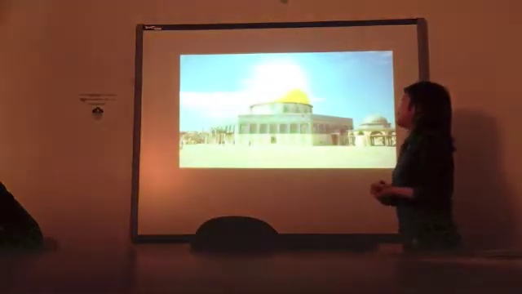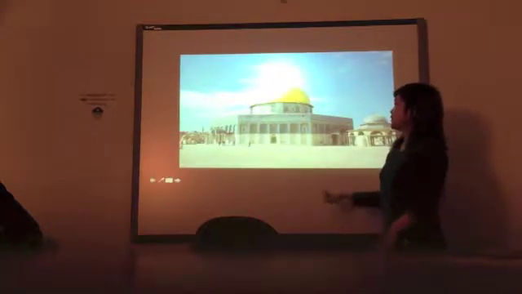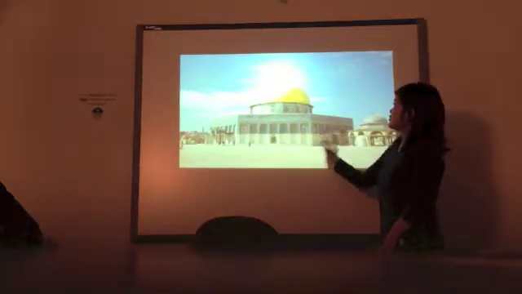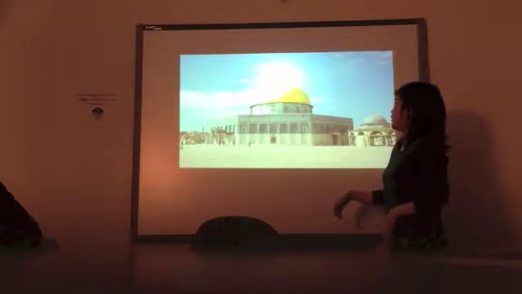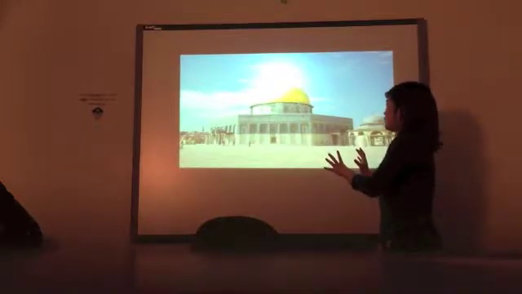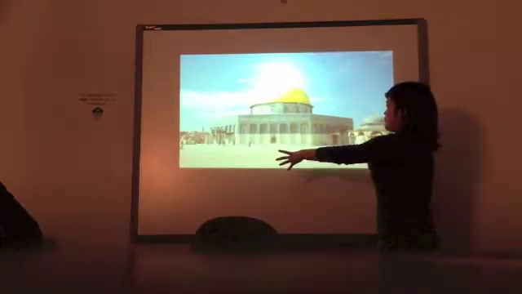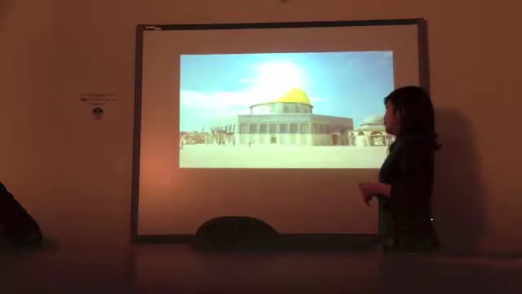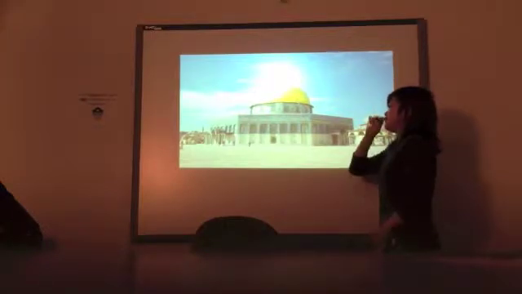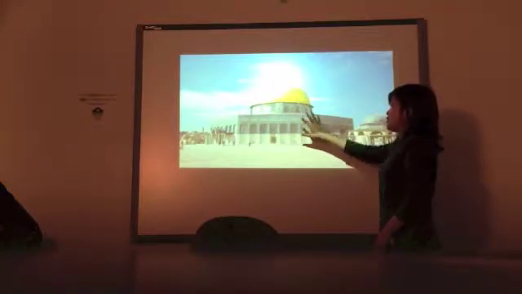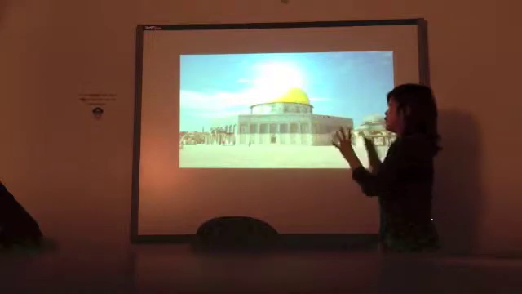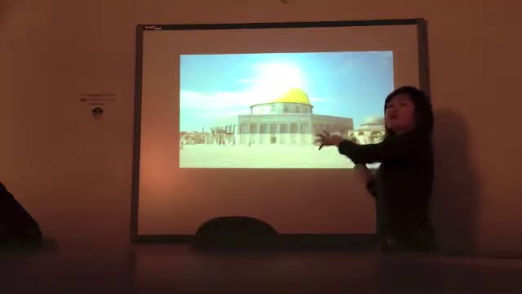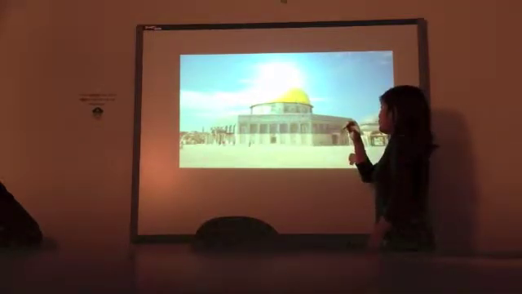So the first one that I'm going to explain is the Dome of the Rock. The outlook of this temple is quite similar to the San Vitale in Italy from the Byzantine art, but the difference is that the exterior of this temple is quite heavily decorated with mosaics.